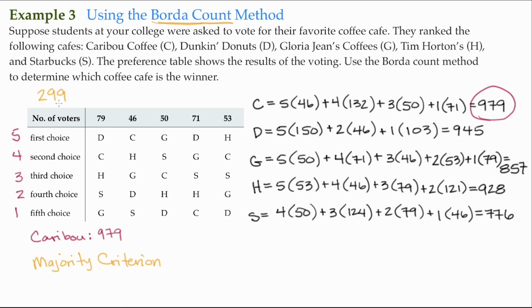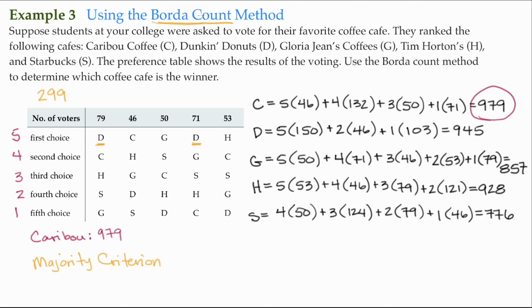So if we have 299 voters, more than 50% would have to be 150 votes or more. And if we look here at the first choice votes, we can see Dunkin' Donuts has 79 here and 71 here. And if we tally that up, that's 150. So they have a majority of the votes. So according to the majority criterion, Dunkin' Donuts should be the winner.